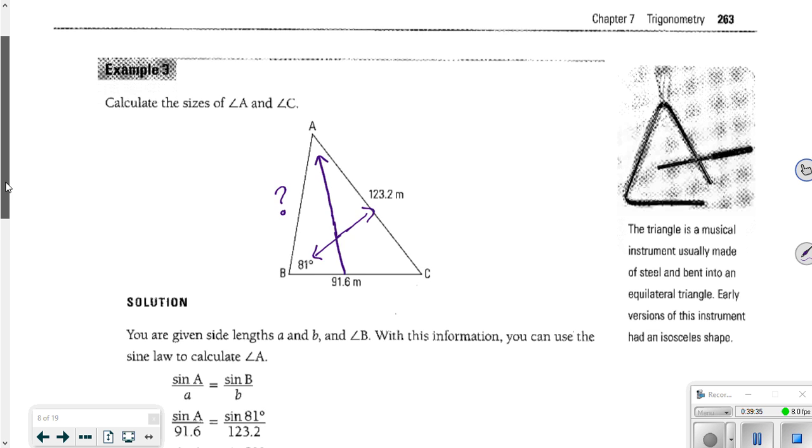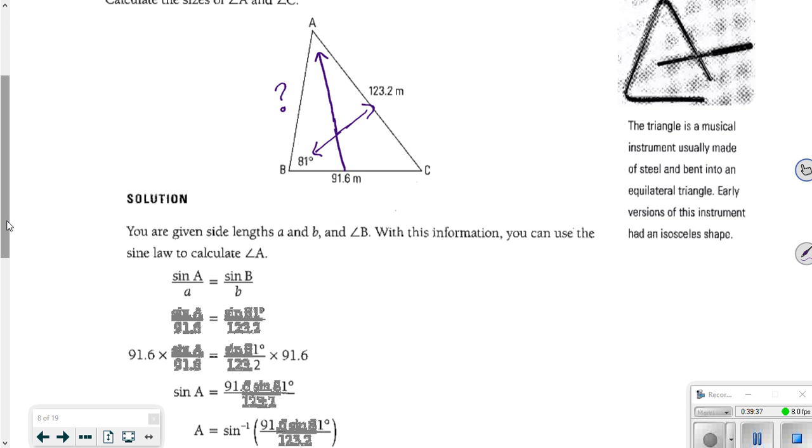We're going to set up our sine law, but this time we're going to write it with the angles on top because we're solving for an angle. Again, this just makes it way easier when you're trying to solve or rearrange your formula. So angles on top, sine A over side A equals sine B over B. So A is the angle we're solving for, so we're going to leave it as sine A for now.